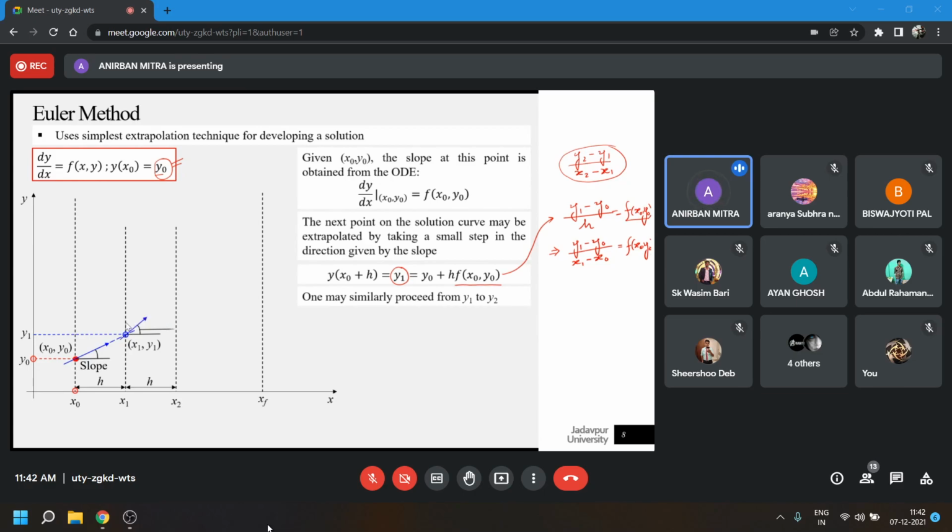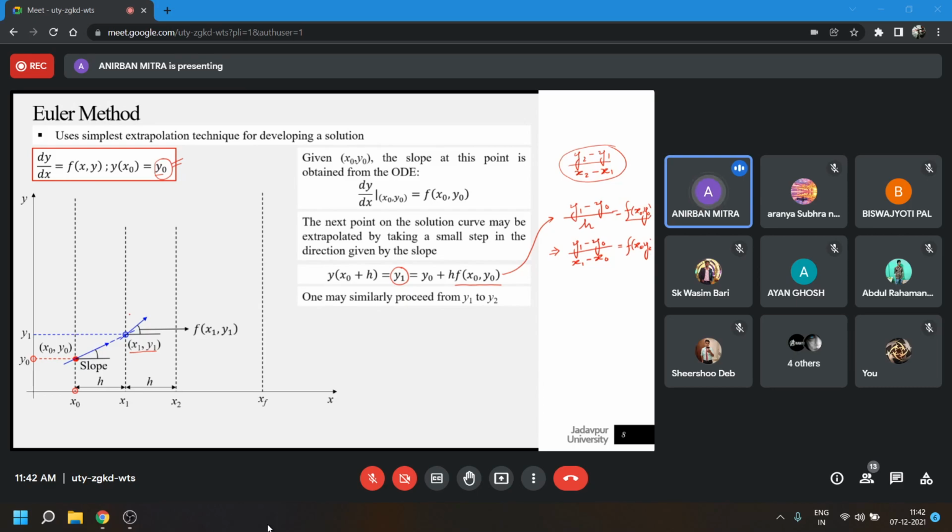At this location, the coordinate x1, y1 is already known from the previous step. And if x1, y1 is known, then we can get the slope at that point. Again, we'll use the ODE, the given function, plug in x1, y1 into this function, and obtain the slope.